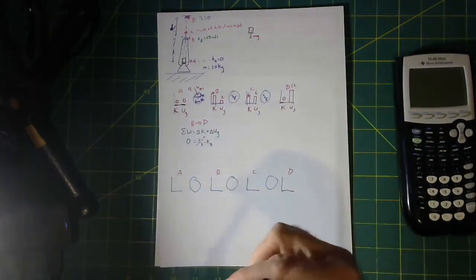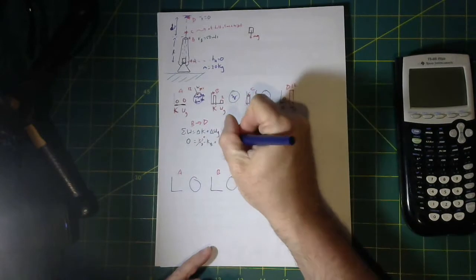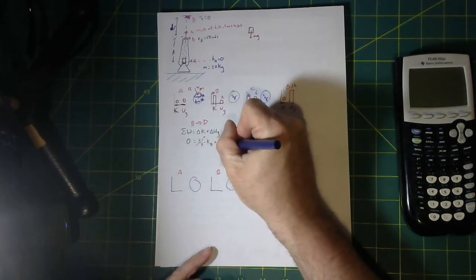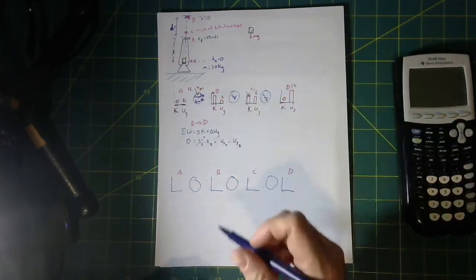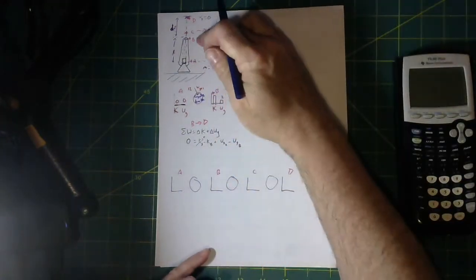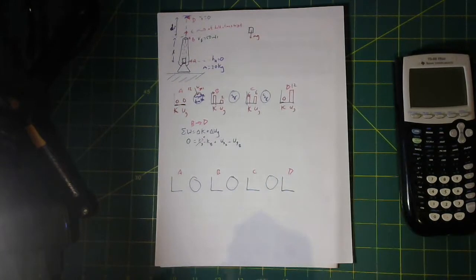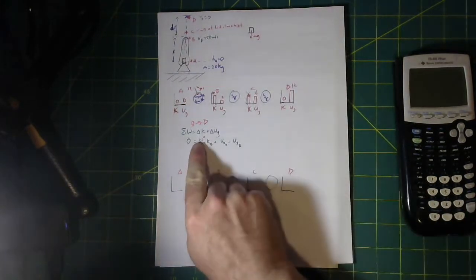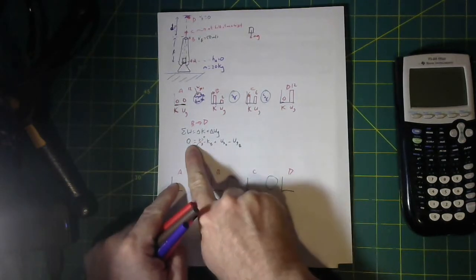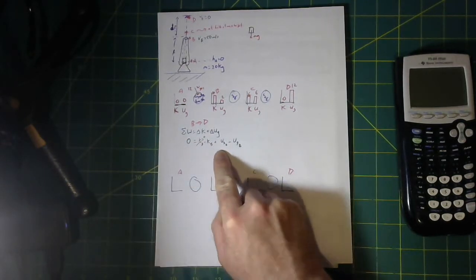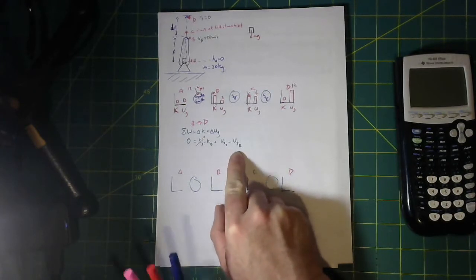Delta UG will be the UG at D minus the UG at B. Neither of those is going to be 0. They're both above the 0 line. All right. So if I cover this up, that's the work energy theorem showing only the non-zero terms: 0, kinetic energy at B, potential energy at D, and gravitational potential energy at B.